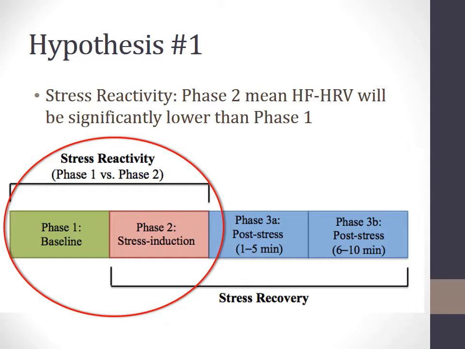So again, the HRV going down is sort of saying heart rate was less responsive. And then that HRV would be higher during the stress recovery phase to say that it would improve and become more responsive as the stress levels went down and the parasympathetic and sympathetic nervous systems got back into balance.